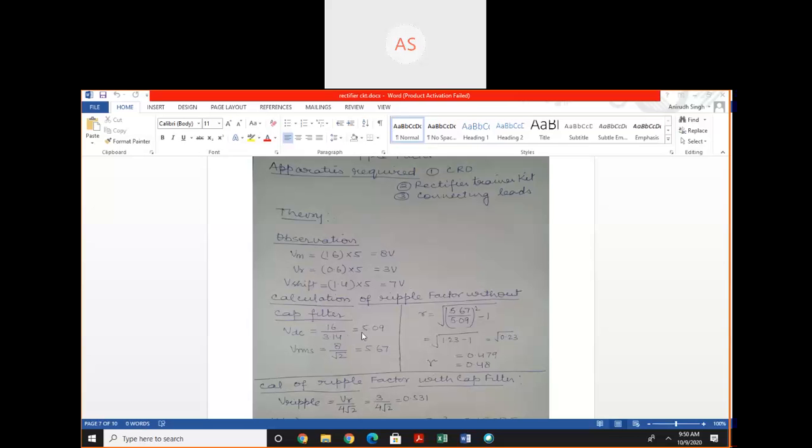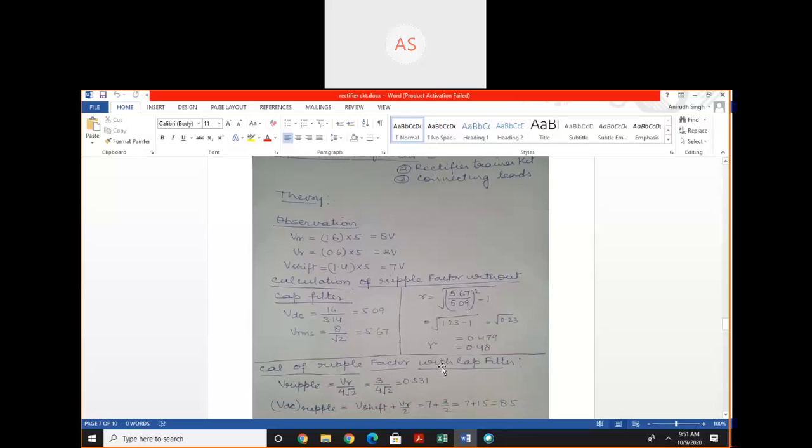When we connect a capacitor across load resistance RL, the value of VR is 0.6 multiplied by 5, equal to 3 volt, and V shift in this case is 1.4 multiplied by 5, equal to 7 volt.